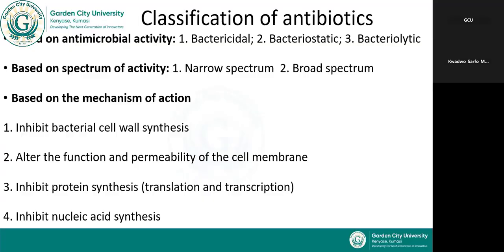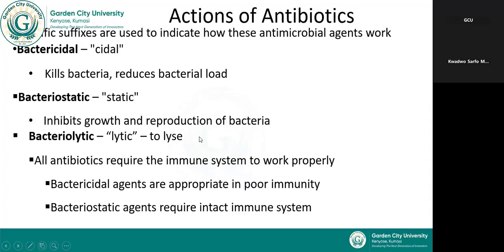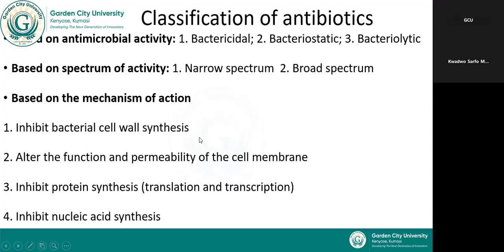So the choice of these antibiotics depends on which pathway or target the clinician wants to use to manage the condition. Sometimes the clinician may prescribe 2 different antibiotics that will target different mechanisms of action, but usually not the same mechanism of action.